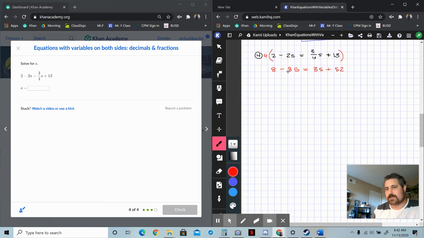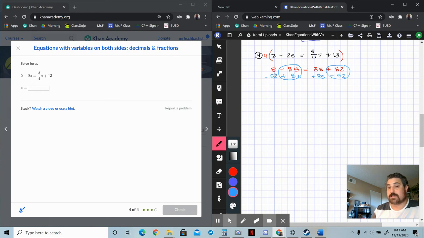And so now you're going to get all your variables to one side. So I would add 8s to both sides. And if I'm going to bring the variables to the right, I'm going to bring the numbers the other way. So I have minus 52 to both sides, or add negative 52 to both sides. This becomes a 0 pair. This becomes a 0 pair. And what are you left with? 8 take away 52, the negative is going to win by how much? Well, what's 52 take away 8?